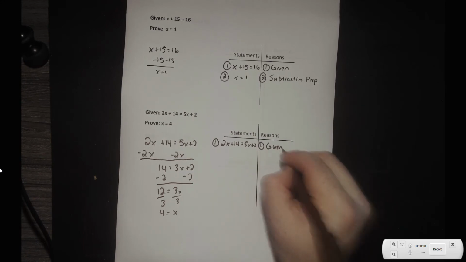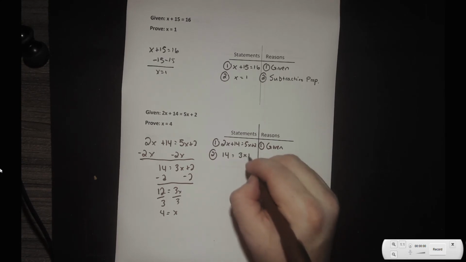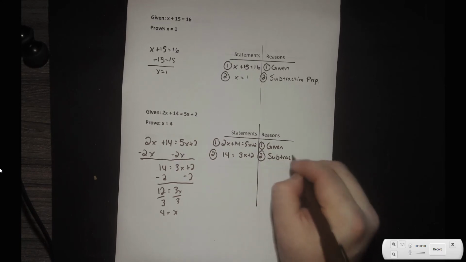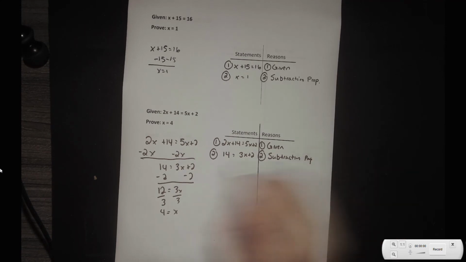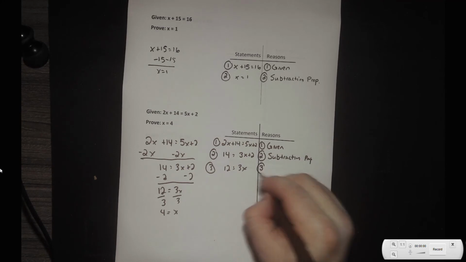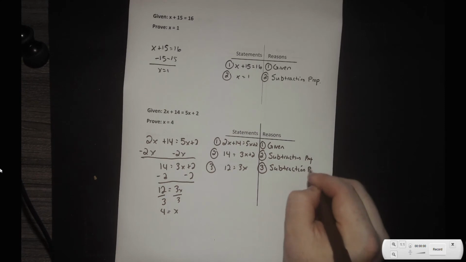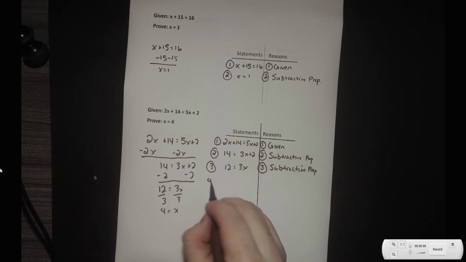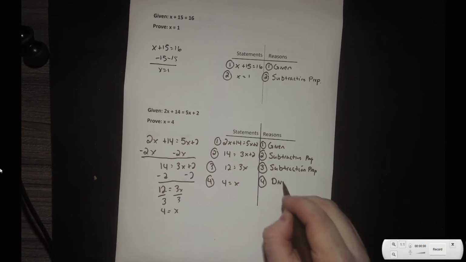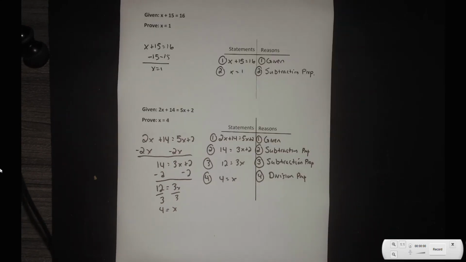Again, our first step is given. To get this step, I subtracted. To get this step, I also subtracted. You can have back-to-back steps, and that's perfectly fine. And then I divided. That's it.